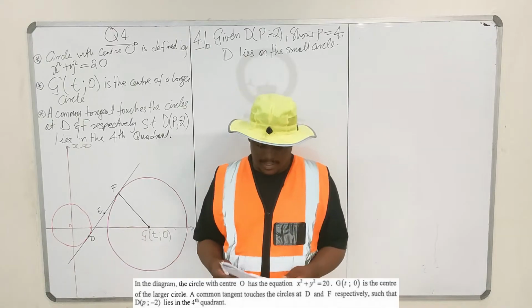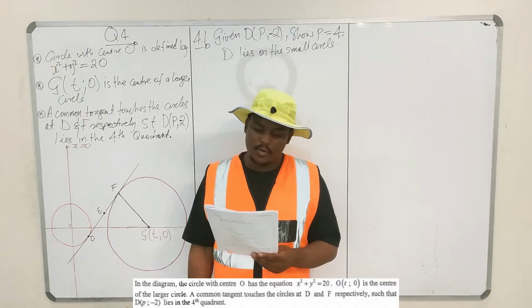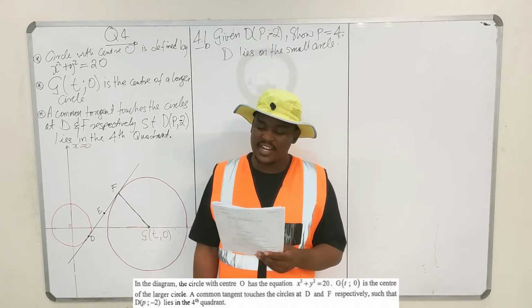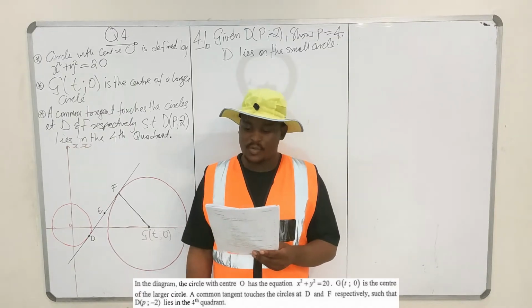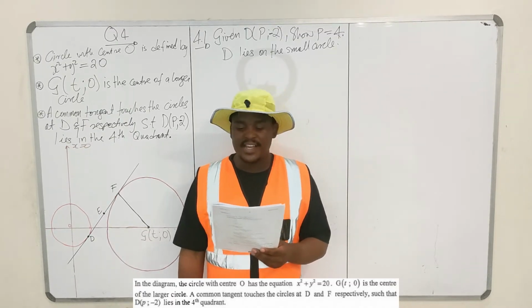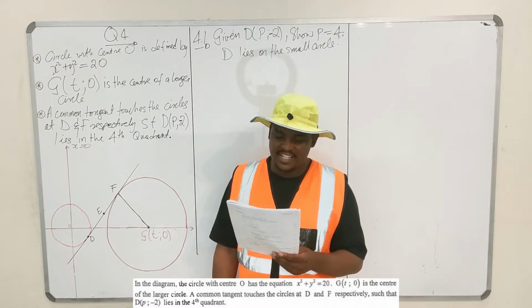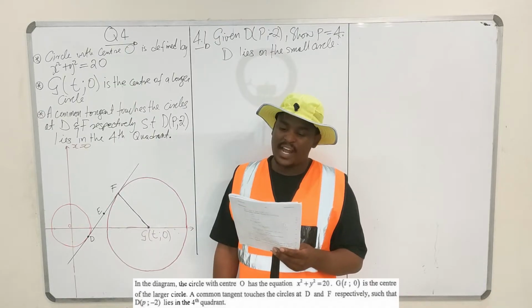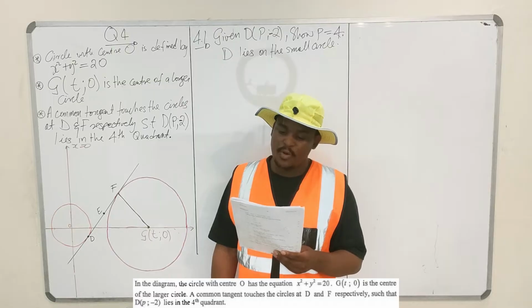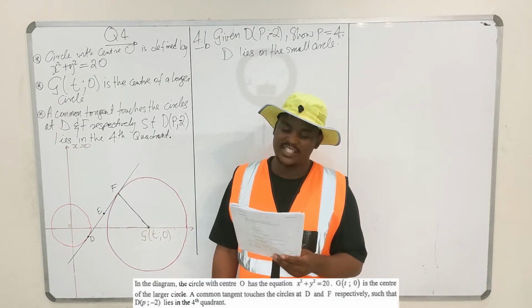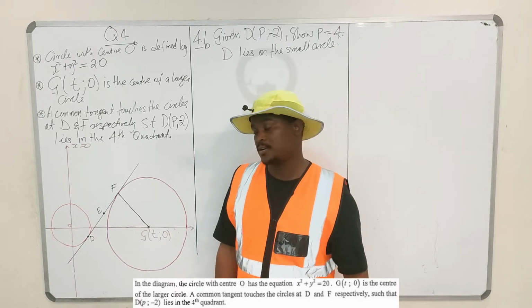So let me read this again. In the diagram below, the circle with the center O has the equation x squared plus y squared is equal to 20. They are saying the point G is the center of the larger circle, and a common tangent touches the circles at D and F respectively, such that D lies in the fourth quadrant.